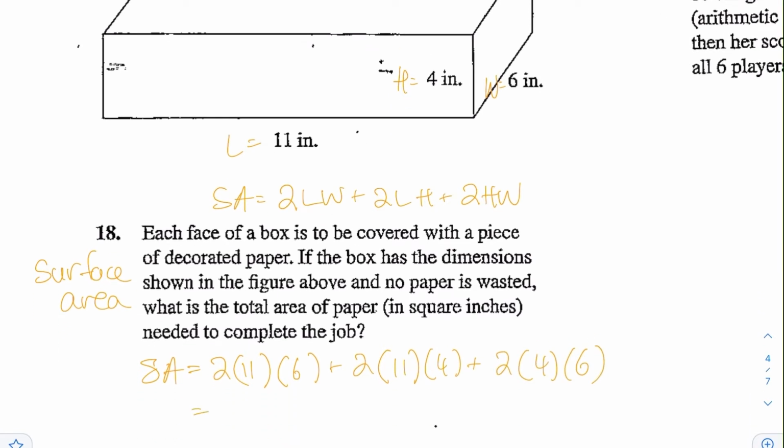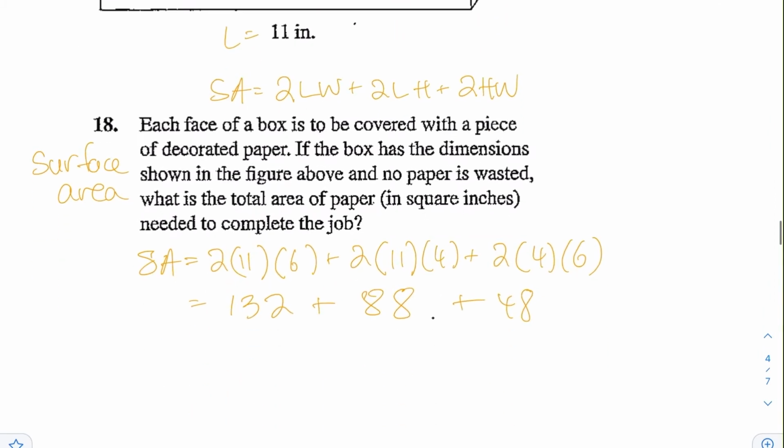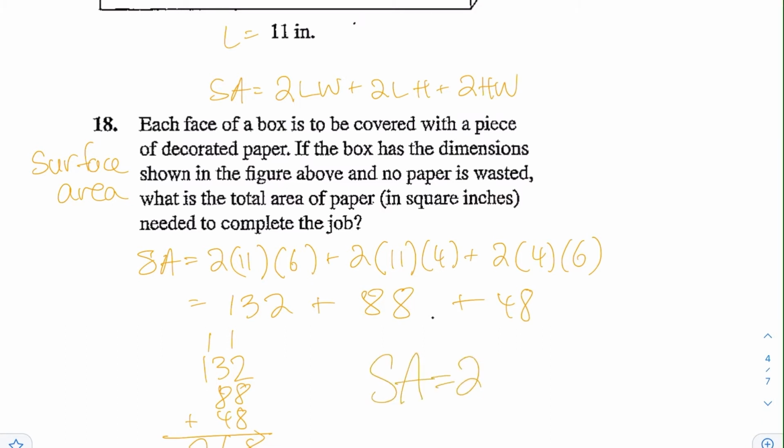So this would be 2 times 66, which is 132, plus 2 times 44, or 88, plus 2 times 24, which is 48. So when you add 132, 88, and 48 together, you get 268 as the surface area.